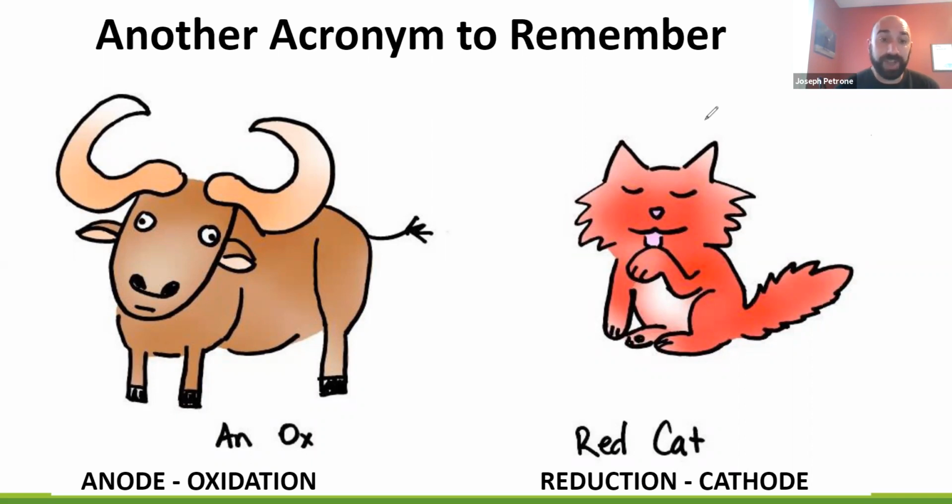Now, here's another animal-based acronym that will help us remember some of this stuff. As you just saw, anodes contain the oxidation process, and reduction is found at the cathode. So to remember that, we have An Ox, so ox, and then the Red Cat. Just another couple things to help you remember some of this stuff. So keep that in mind, jot it down.